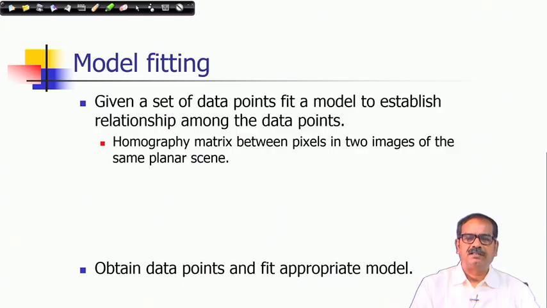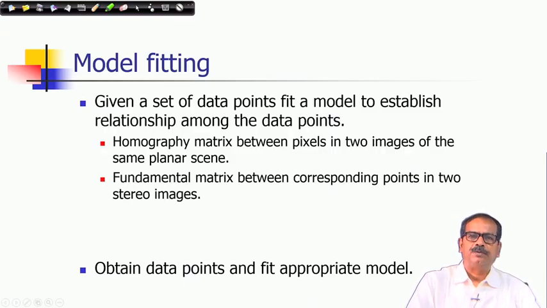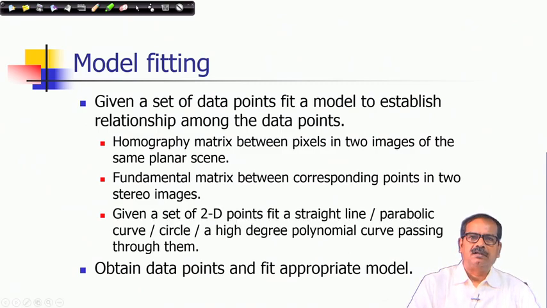In this lecture we will consider somewhat more general issues involved in this kind of computational problem. Another example is the computation of the fundamental matrix between corresponding points in two stereo images. Even if I give you a set of 2D points, how can you fit a straight line, a parabolic curve, a circle, or a high degree polynomial curve passing through them?